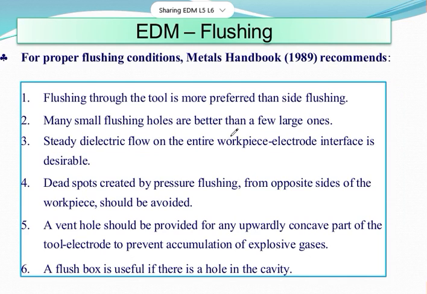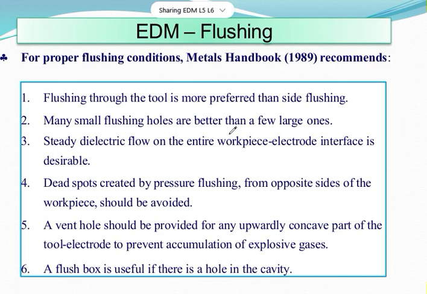Now let me discuss the proper flushing conditions, which were recommended in the year 1989 in a metals handbook. First, flushing through the tool is more preferred than side flushing.